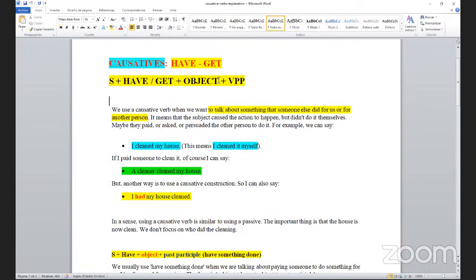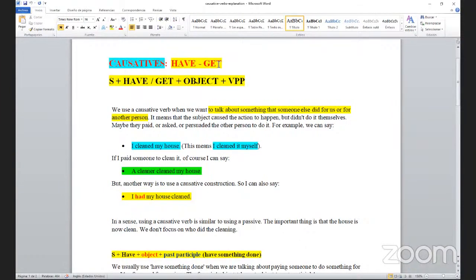Okay, so now I will share it. This grammar about causatives is the opposite of the grammar for reflexive pronouns, okay?